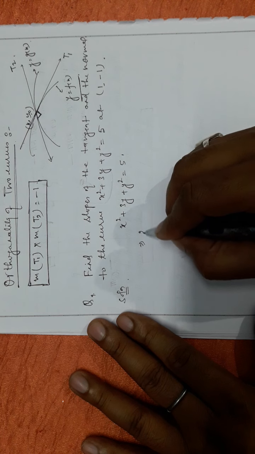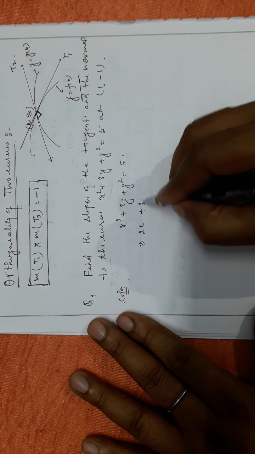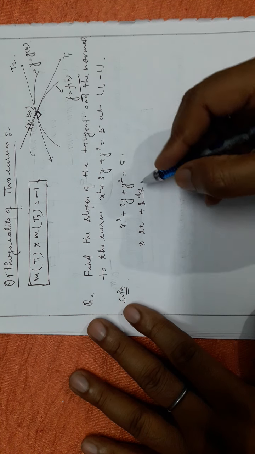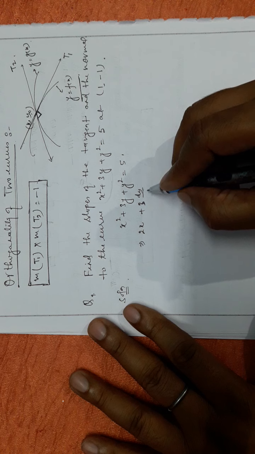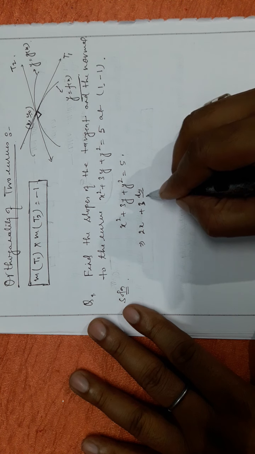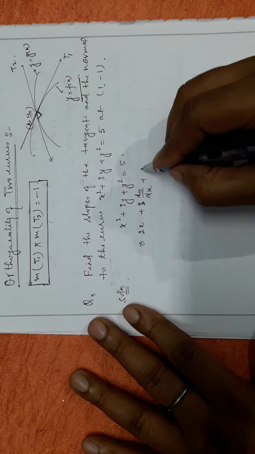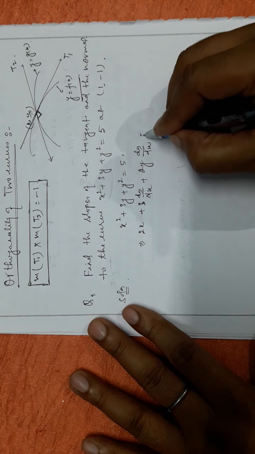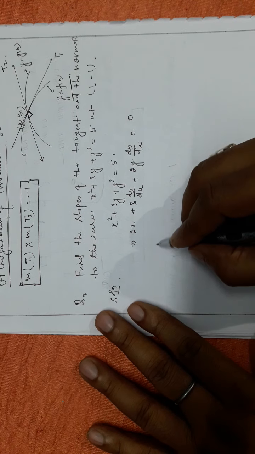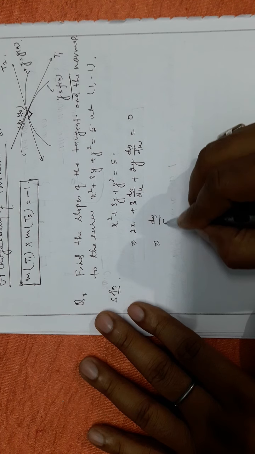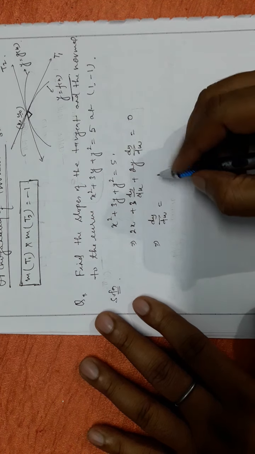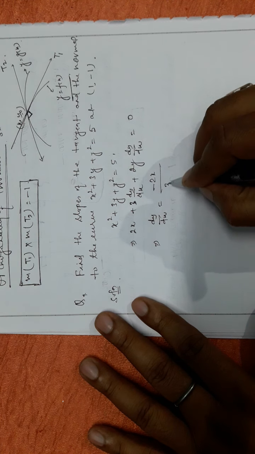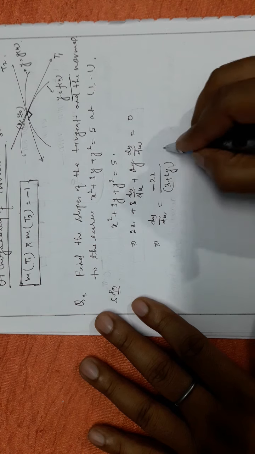Then first of all we have to differentiate it. The differentiation of x square is 2x, and differentiation of 3y is 3 dy by dx, and differentiation of y square is 2y dy by dx, and differentiation of a constant is 0. From here we obtain dy by dx, and it is minus 2x over 3 plus 2y.